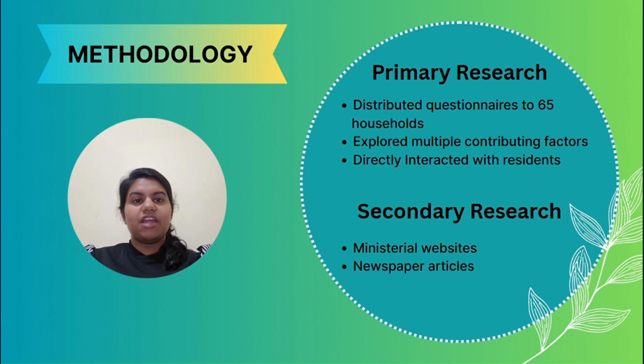With respect to secondary data, this is data that would have been collected by someone else and already published in a website or an article or even the newspaper. Some of our secondary data came from The Guardian and The Newsday, which are newspapers, websites such as the Ministry of Agriculture, Land and Fisheries, the Ministry of Trade and Industries, and educational websites such as the University of the West Indies.